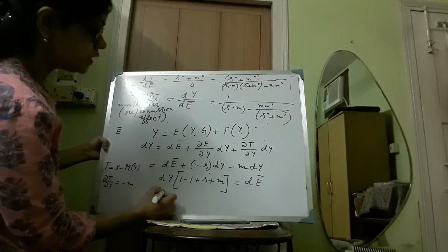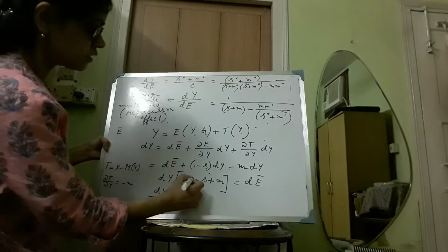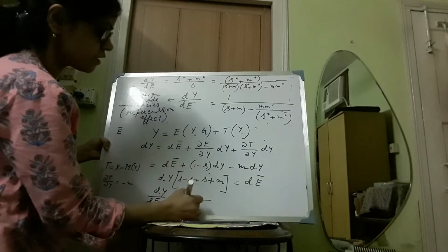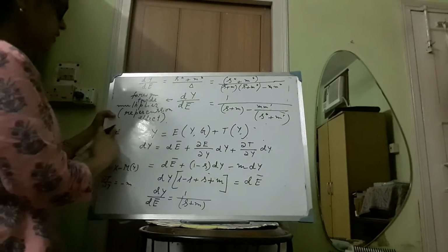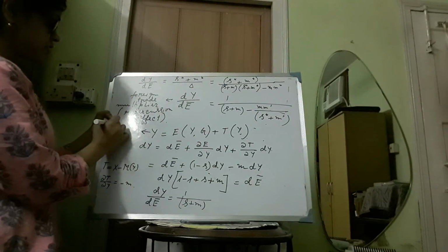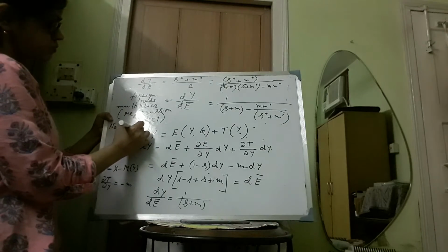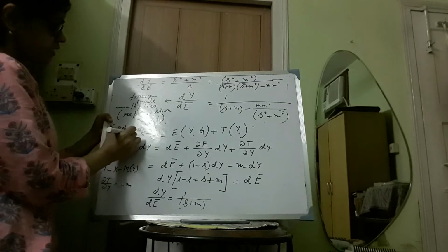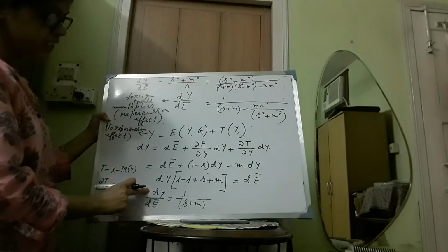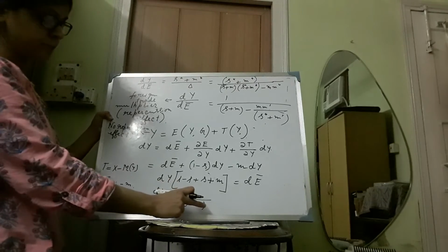So what is dy by dE bar now? dy by dE bar is equal to 1 over s plus m. So when there is no repercussion effect between the trading partners, we get dy by dE bar equal to 1 over s plus m.